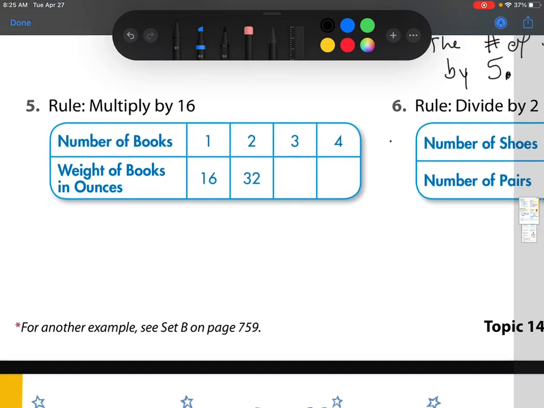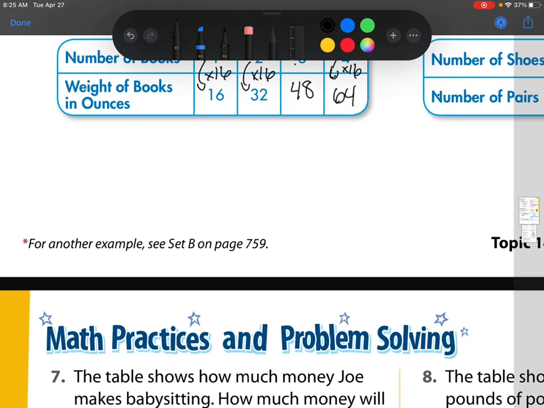Number 5, multiply by 16. 1 times 16 is 16. 2 times 16 is 32. 3 times 16 is 48. 4 times 16 is 64. And then what feature do we notice in this pattern?